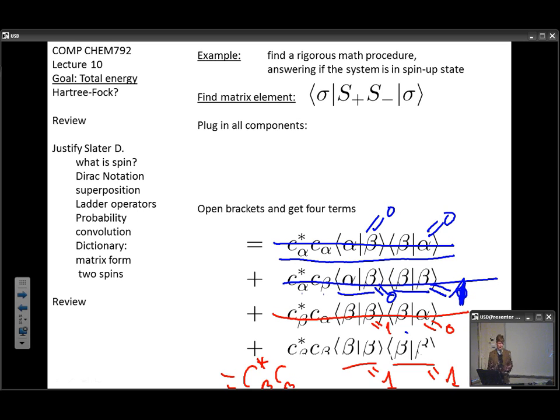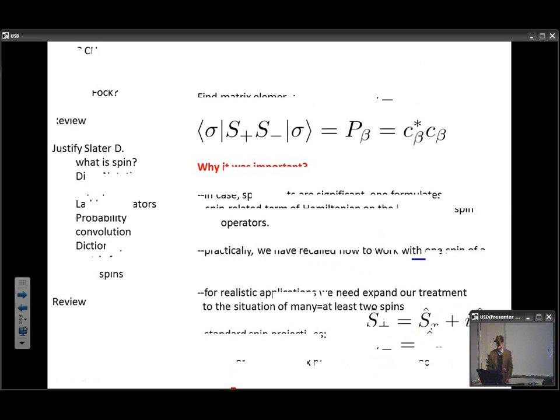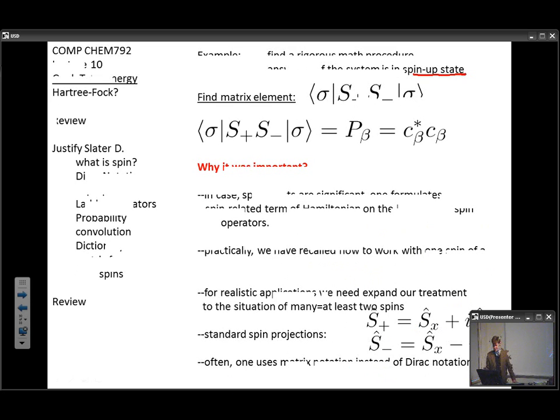So we should become very happy and say that yes, our goal is achieved. So if you want to find the probability that the system is in a specific state, we need to find a matrix element of the projector operator with this state.